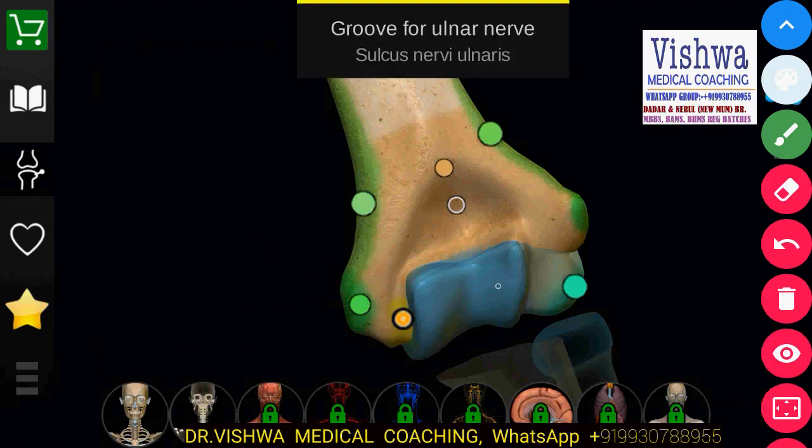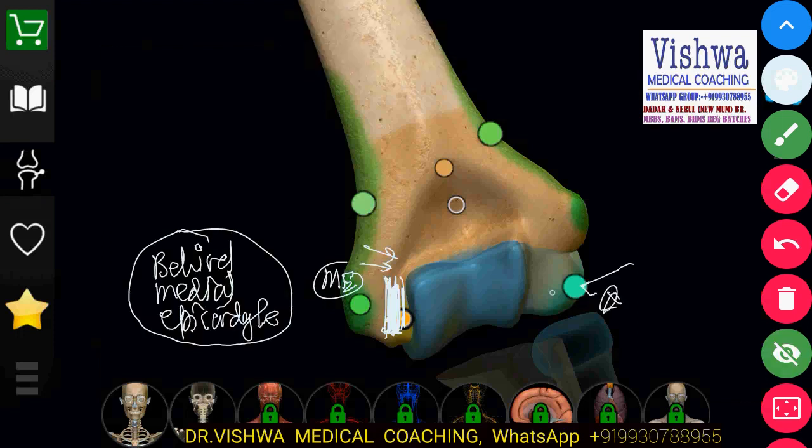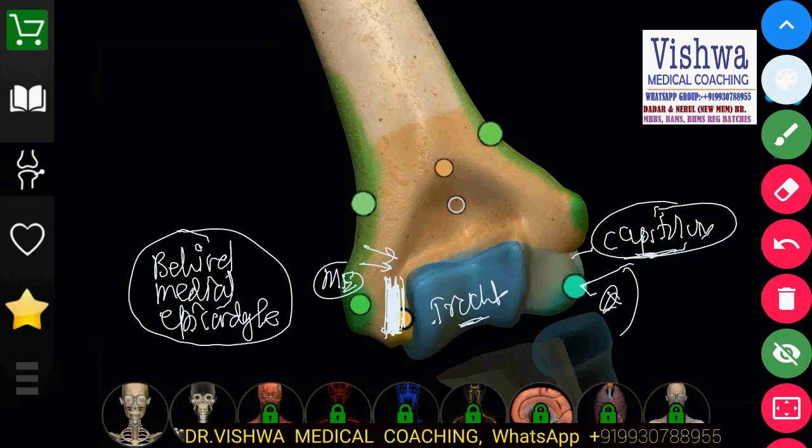Then we have, yes. Of course, there is a mistake in the animation. This is not a groove for the ulnar nerve. This is the capitulum, and this is the trochlea. The capitulum articulates with the head of the radius.